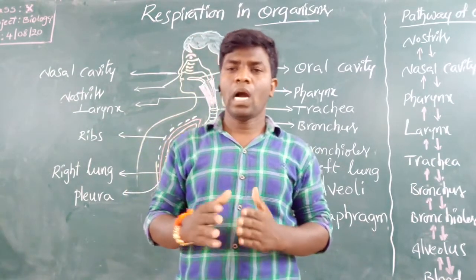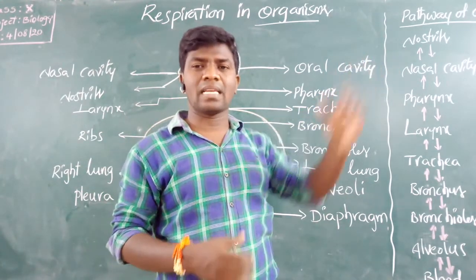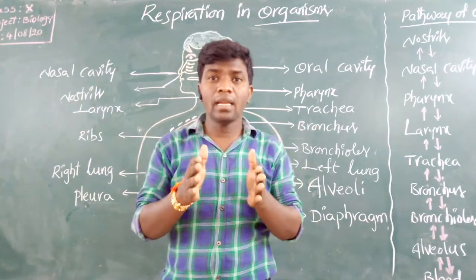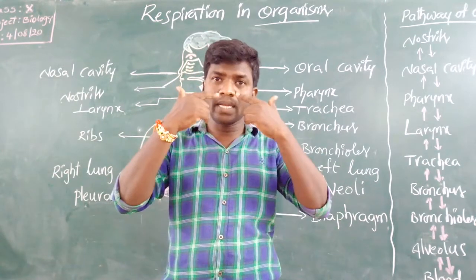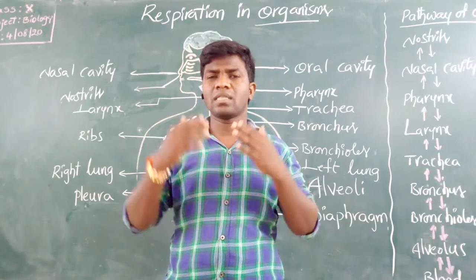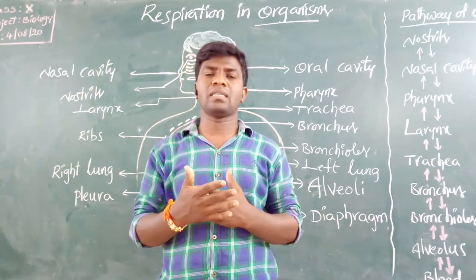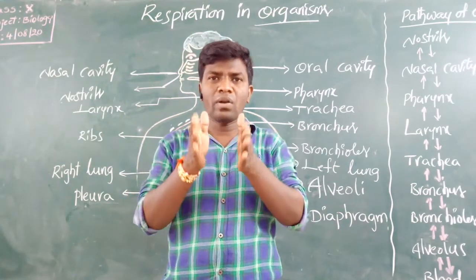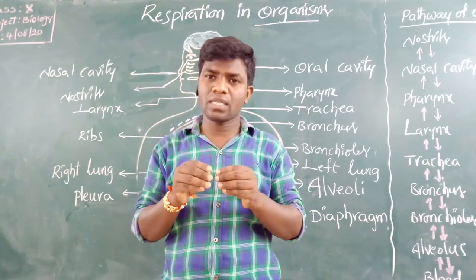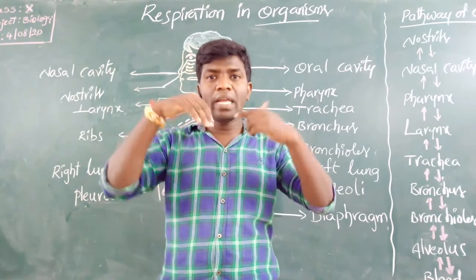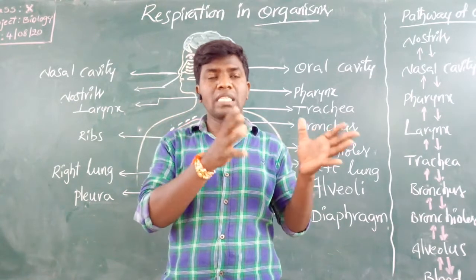First of all, I would like to explain the nose, that means the nostrils and nasal cavity. Air enters the body through the nostrils. The nasal cavity contains hair which traps fine dust particles and unwanted substances present in the inhaled air and prevents them from reaching the lungs.